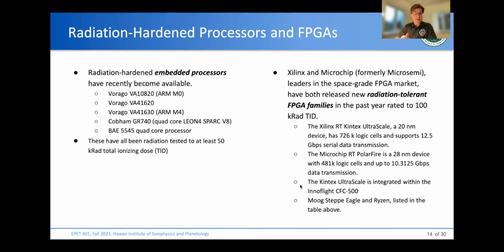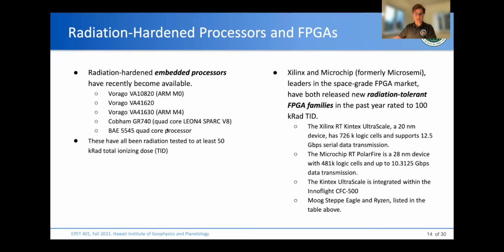Okay, now we have some examples here of radiation hardened processors. These are the types of processors that if you buy one of them, you're probably going to spend $1 million, but then you're guaranteed to have a reliable mission. So these Virago computers, COBAM computers, this BAE 5545.